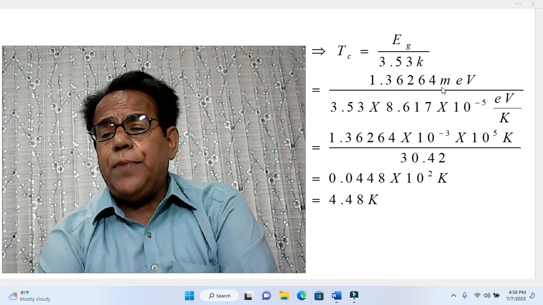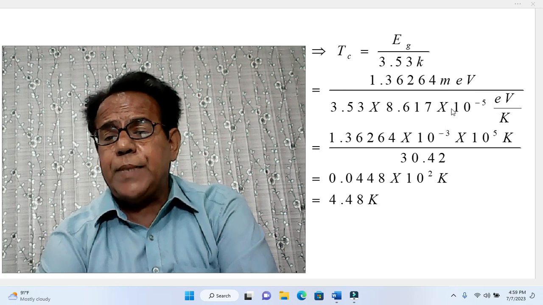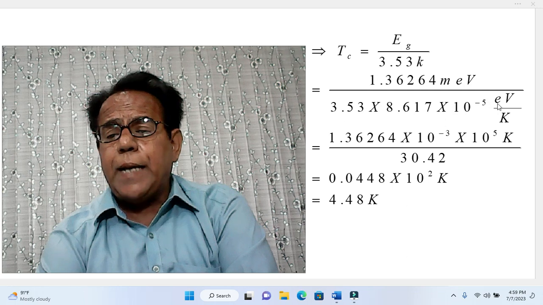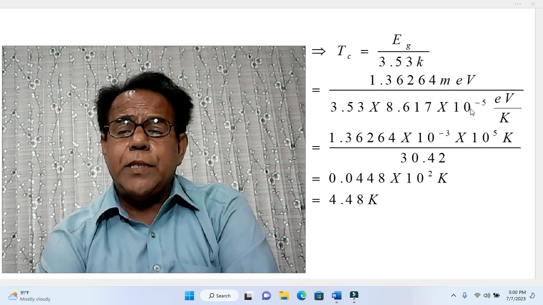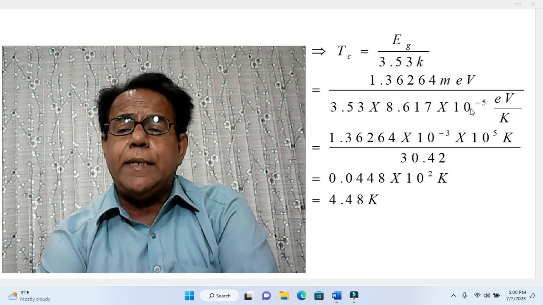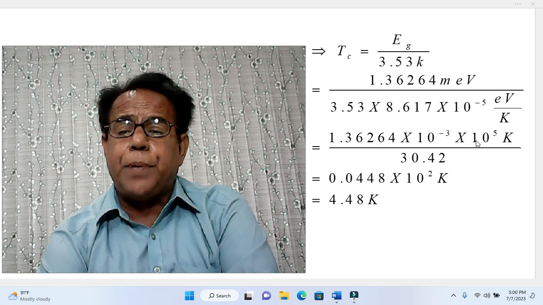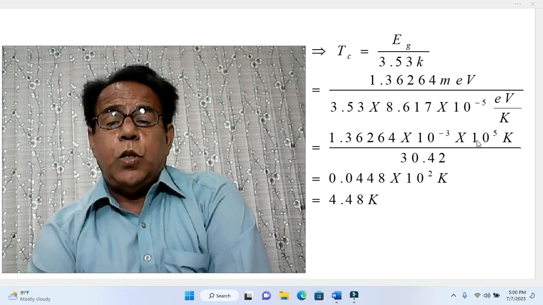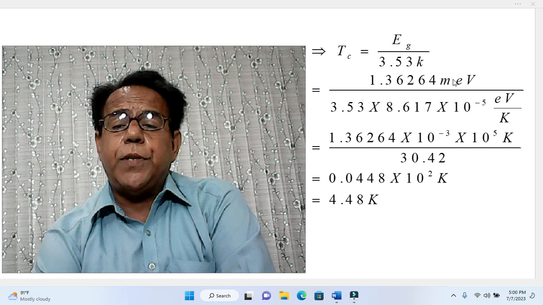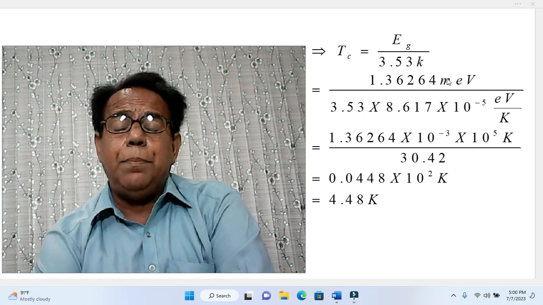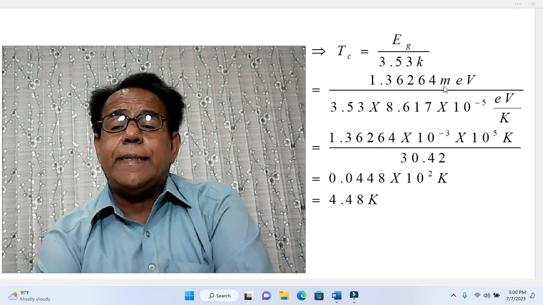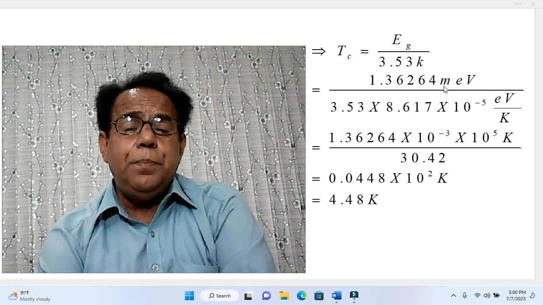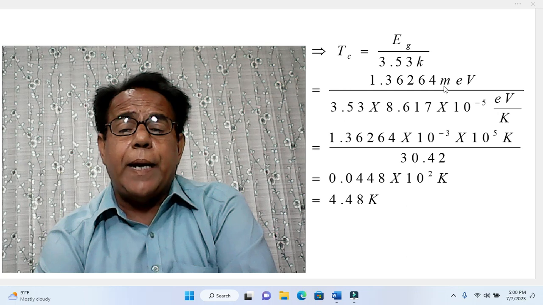When we simplify, we see that electron volt will be cancelled with electron volt. Moreover, 10 raised to the power minus 5, which is in the denominator, if shifted to the numerator, will take the form 10 raised to the power plus 5. Moreover, small m appearing in the numerator does not stand for meter, it stands for milli, and milli is equal to 10 raised to the power minus 3.